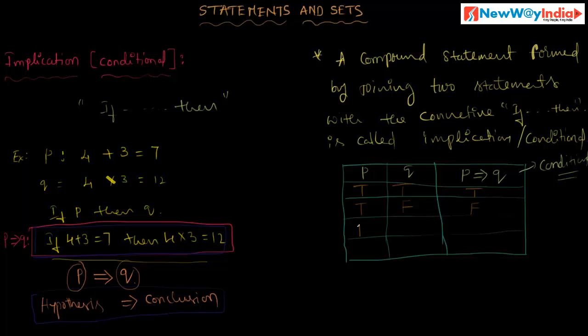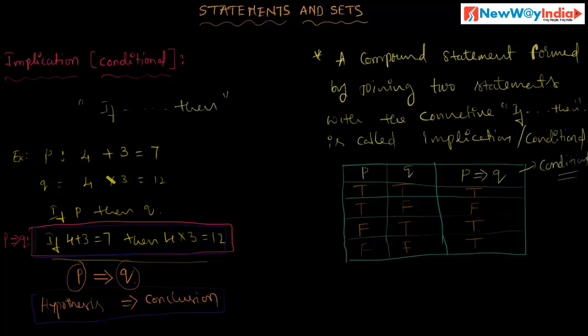If the first statement is false, that is the hypothesis is false, and the conclusion is true, then it gives a true statement. And if both are false, the implication gives a true statement.